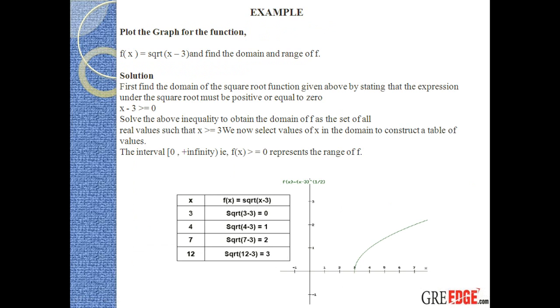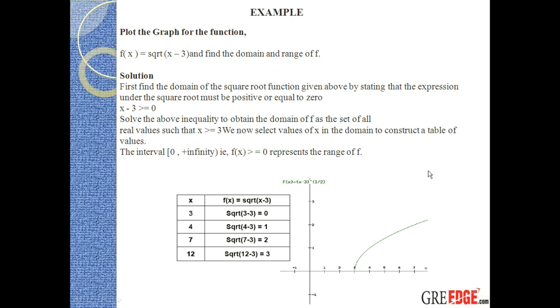Okay, here again, see, when the square root function is taken, square root will always take only non-negative values, because square root of negative values is an imaginary number. So here x minus 3 should be greater than or equal to 0.